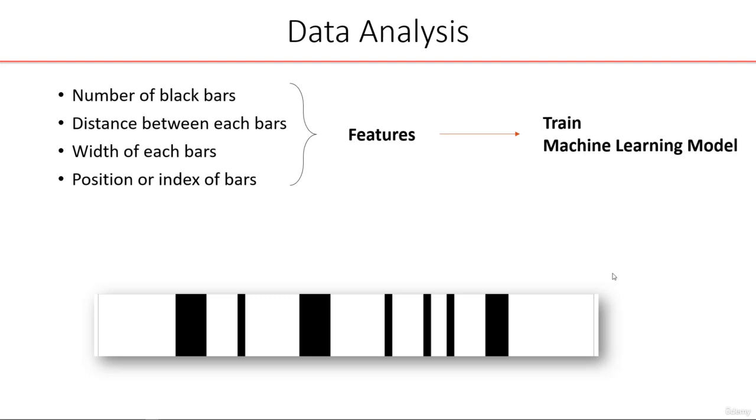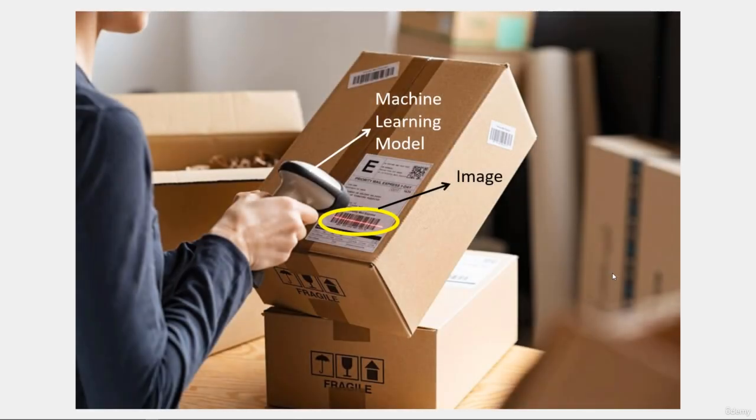We have seen such barcodes many times in real life, right? One of the best examples is this. If you treat the barcode as our image and this machine as our machine learning model, the model scans it and is able to extract what number it is. That's really cool, right? So this is one example of image processing, or image classification.